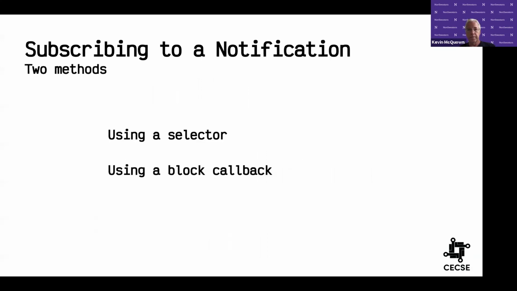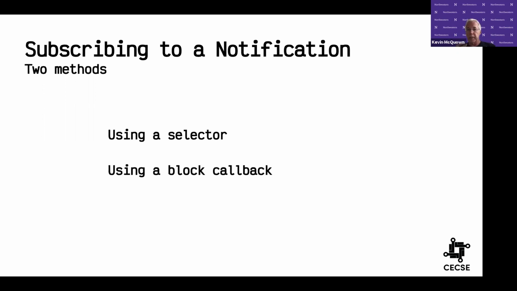Okay. So subscribing to a notification, there are 2 methods of doing this. One is using a selector, and another is using a block callback. The selector is the old method of doing it. It typically is still used a lot. It's really a throwback to Objective-C, and Swift kind of mapped to it directly.